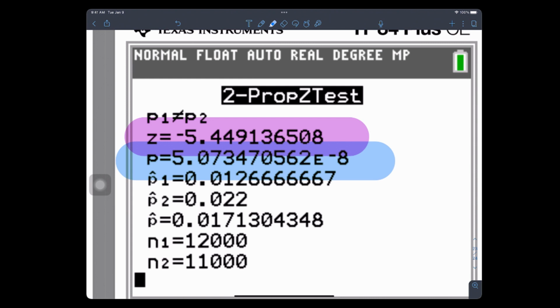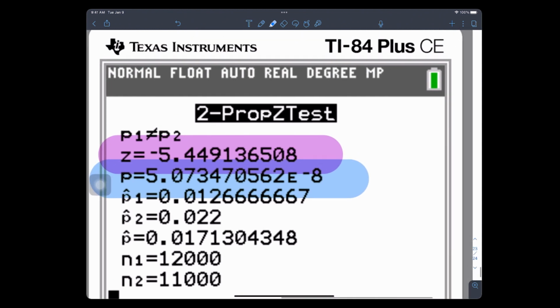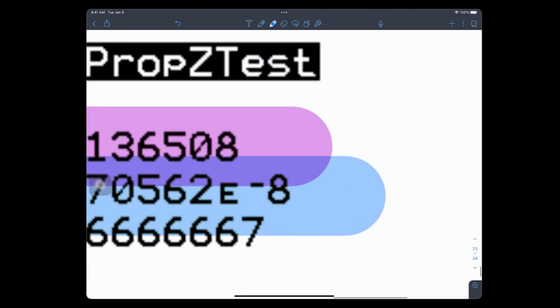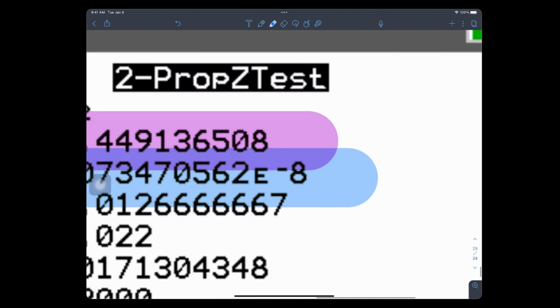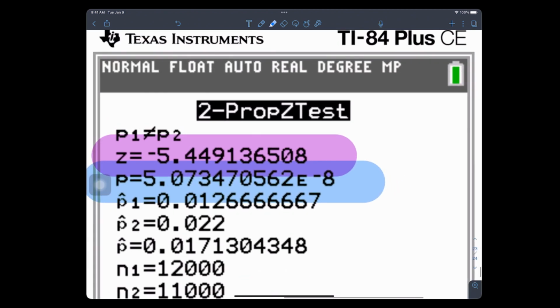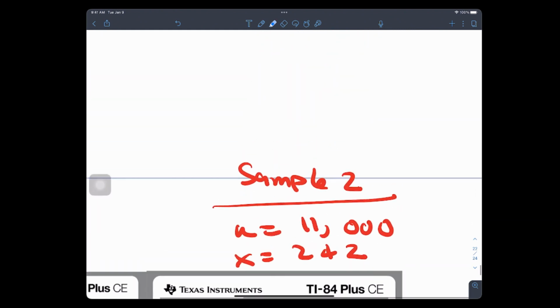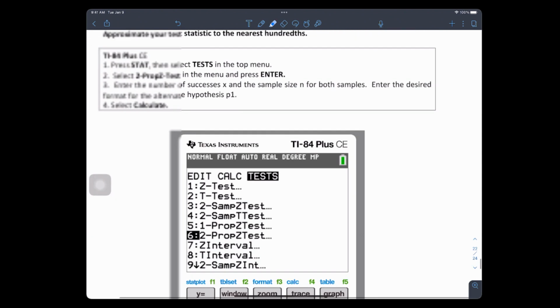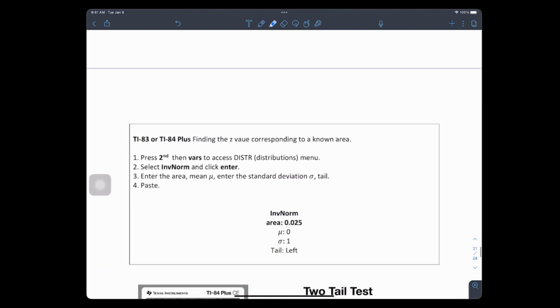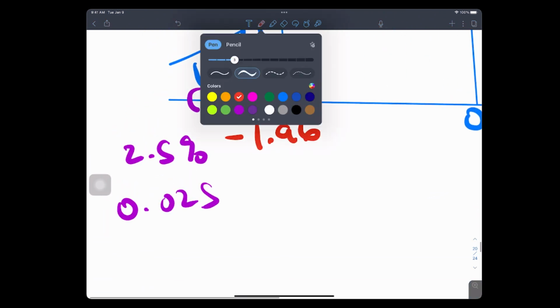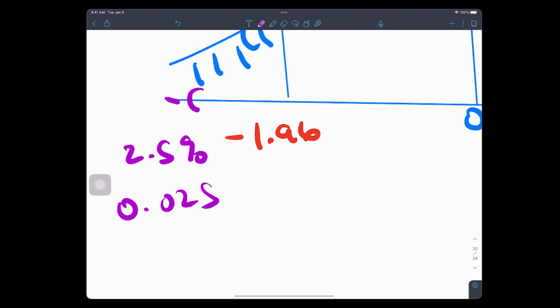Isn't that about close to 0? Because don't forget, scientific notation, times 10 to the -8. Okay, you okay with that? So where does this test statistic, -5.45, live on our decision rule? It's over here, is that right? -5.45, somewhere over here.